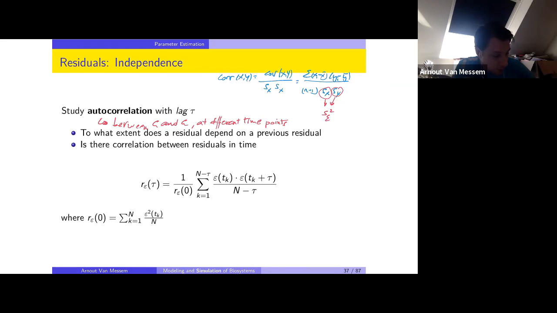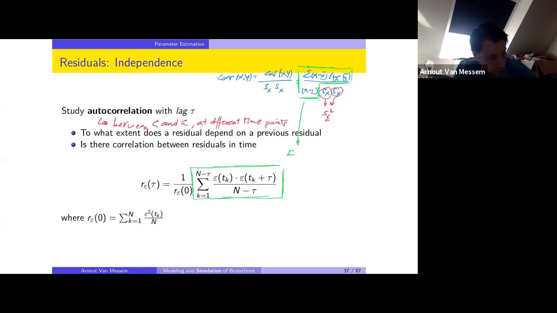And then the second part: this is the covariance formula, the one in green. This will correspond to this part. If you take a look at this formula, you have a sum.